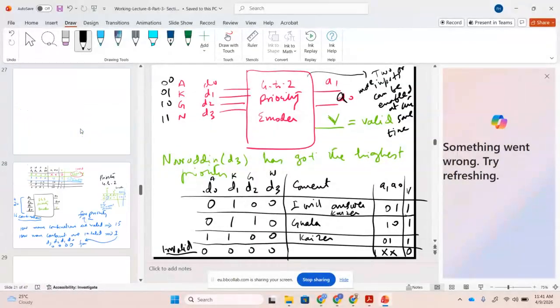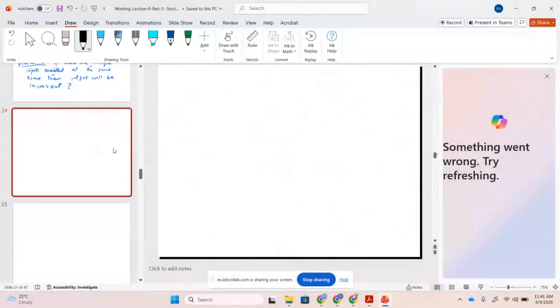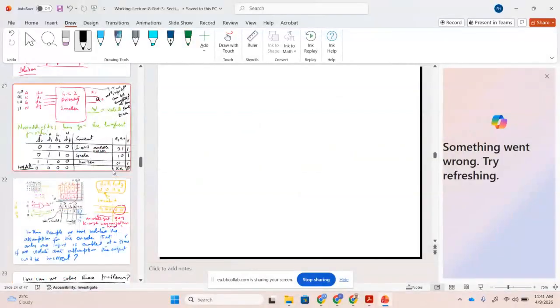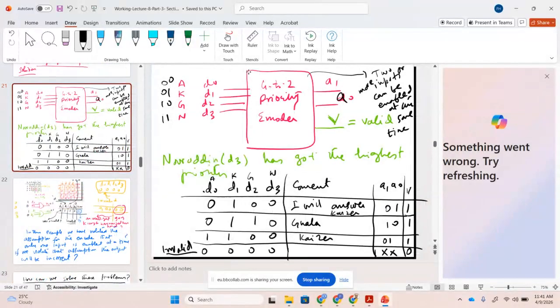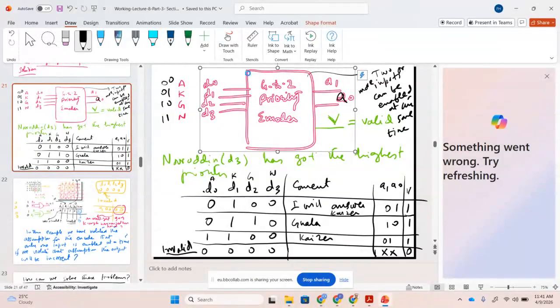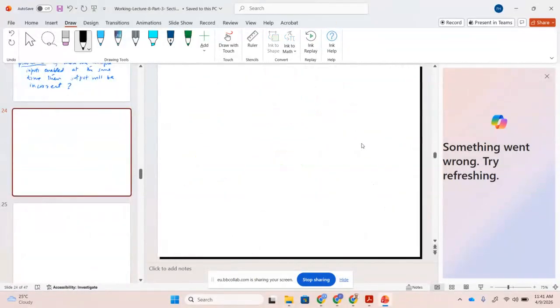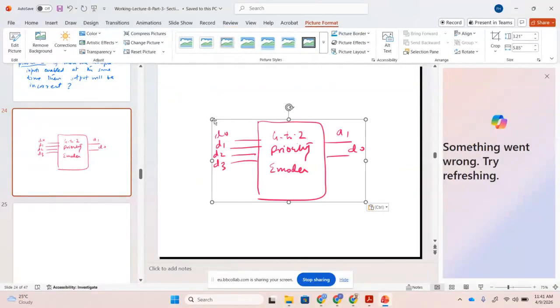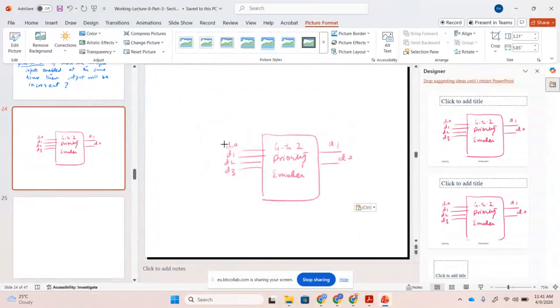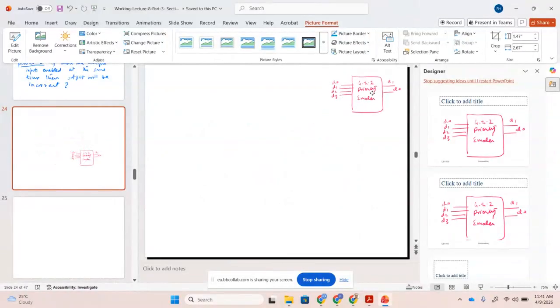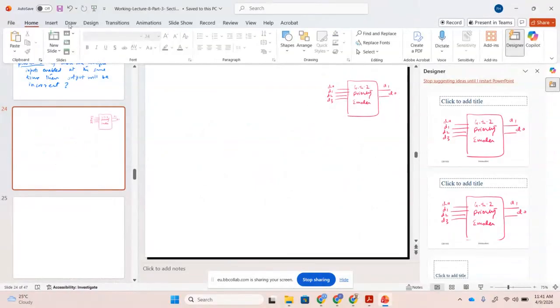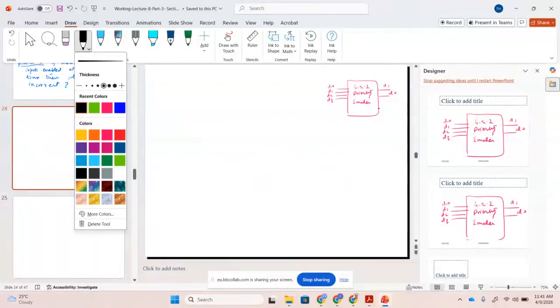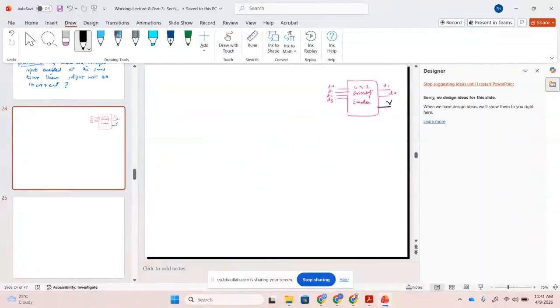So this is my priority encoder, and this priority encoder has another output, which I call valid, called the V bit. This is A1 and A0, and now it has a V bit.